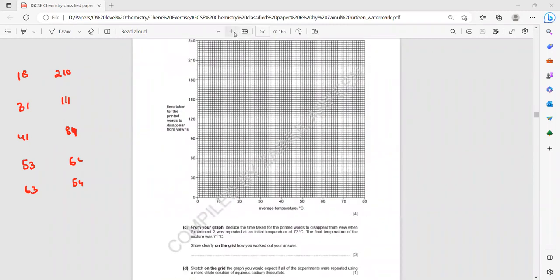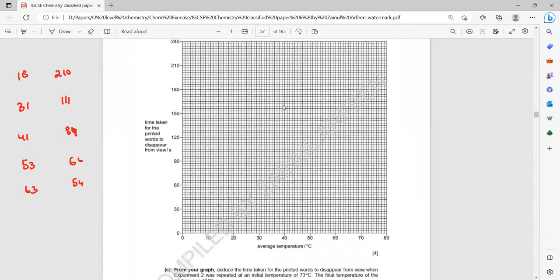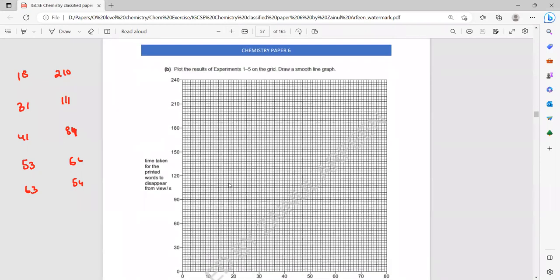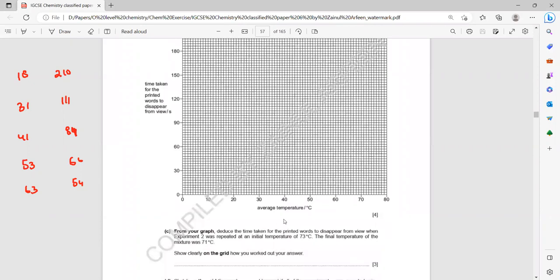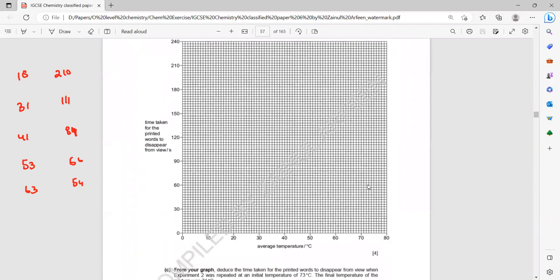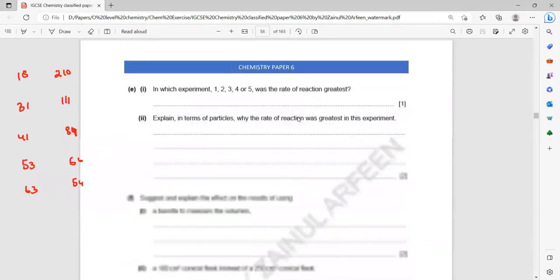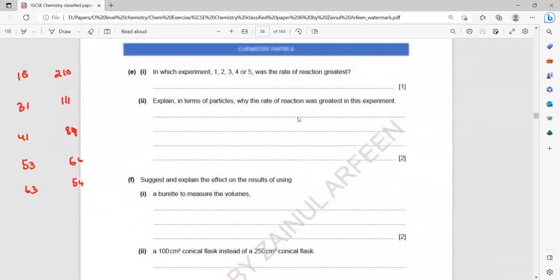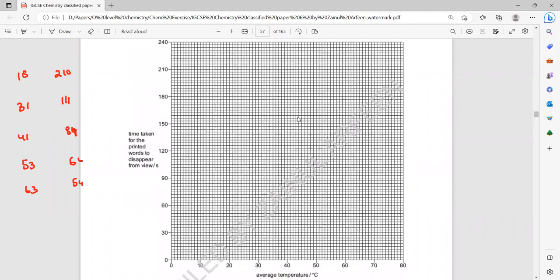Next we have to use this grid and plot the time at the different average temperatures. So, a similar question to what we did already. When the average temperature was 18, 10 boxes equals 10, so each box is 1.